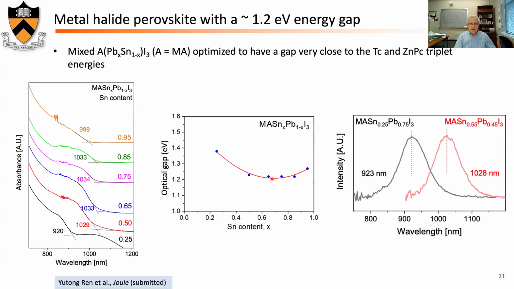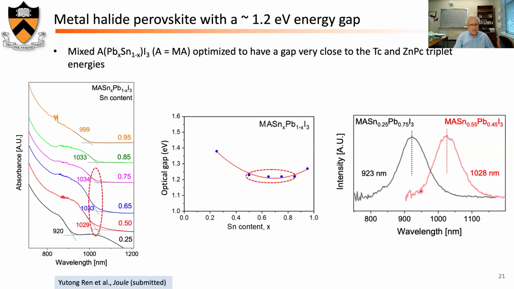So anywhere with tin content of 0.55 to 0.65 to 0.7 or so gives you an energy gap which is very close to 1.2 electron volt. And here we focused in particular on methylammonium lead tin 0.55, lead 0.45, which gives you luminescence in PL at 1028 nanometers.